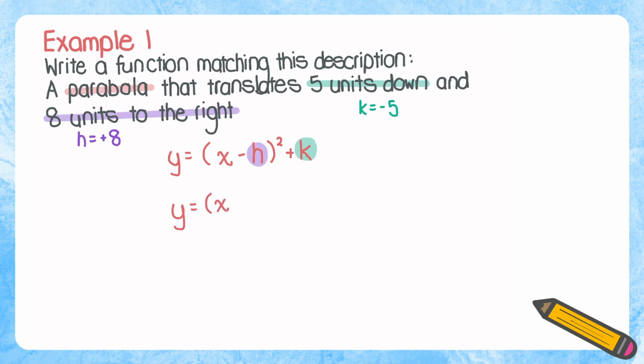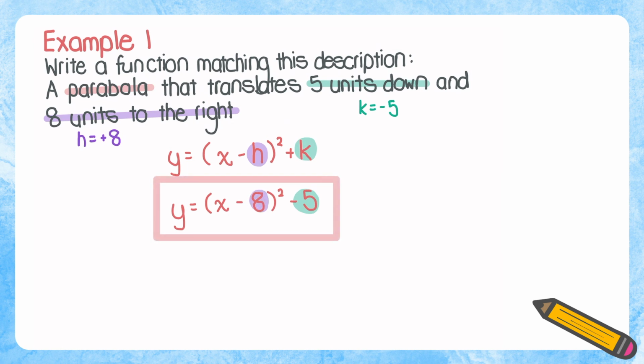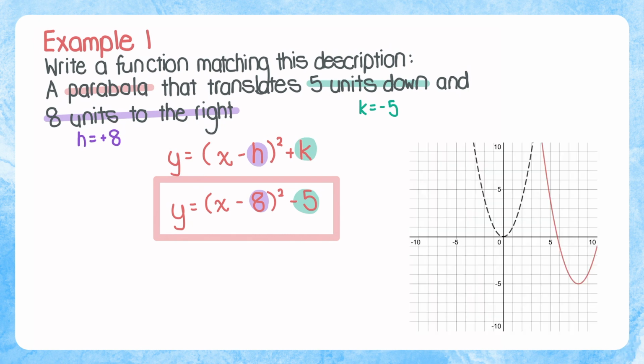I have y equals (x minus 8) squared minus 5. I replace my parameters h and k with the actual values to get my final answer. And you can check your work by graphing it on Desmos. Compared to the parent function, has this function been translated correctly? Yes, notice that it's been translated 5 units down and 8 units to the right.